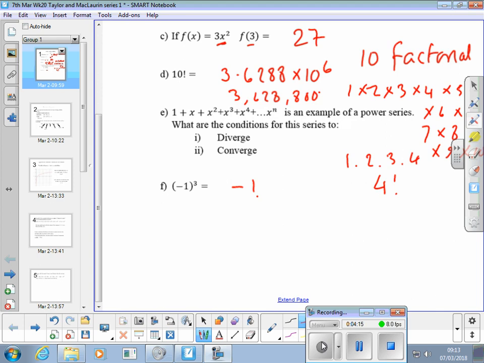Because if you just do that in your calculator, it'll follow the laws of precedence, which is square 1 first and then multiply it by minus 1. That's the wrong answer, isn't it? Yeah? Yes, I think that's when it's even you'll get a problem. Yeah.